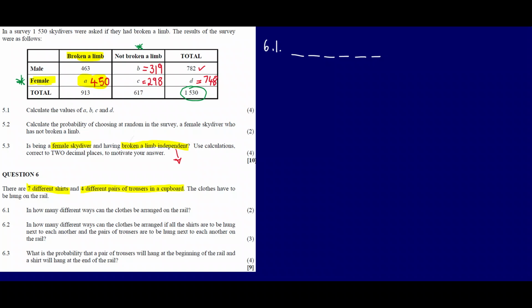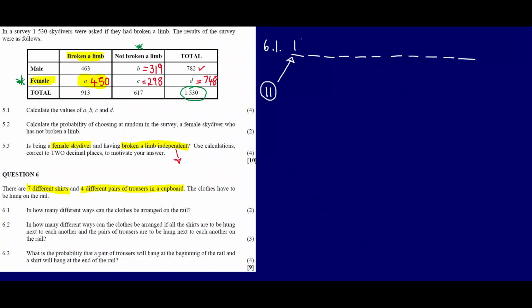So how many in total? I think we've got 11 items: 1, 2, 3, 4, 5, 6, 7, 8, 9, 10 and 11. They're asking in how many different ways can the clothes be arranged on the rail. Just take a look at what would occupy the first space.